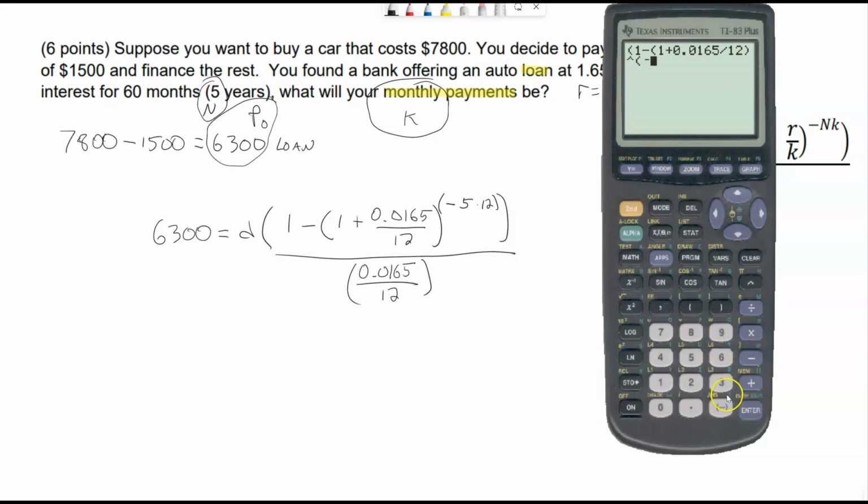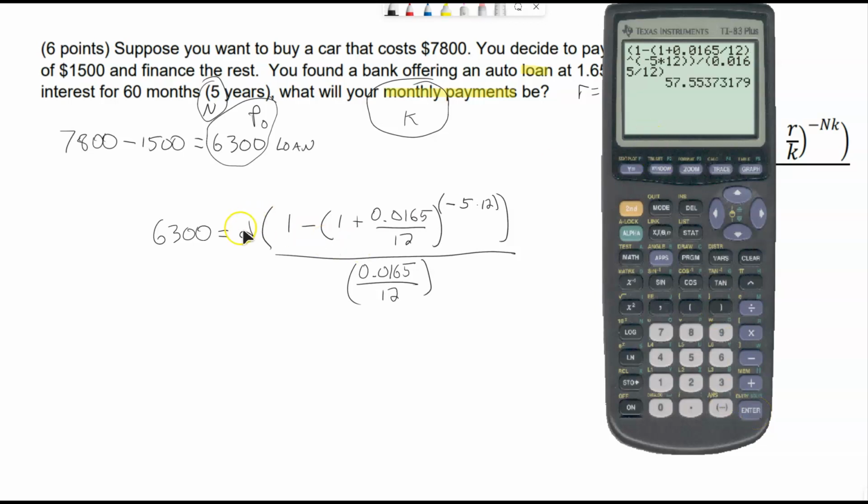This isn't an action. We're just making like an adjective, a negative 5 times 12. Right parenthesis, and then another right parenthesis, divided by bottom, left parenthesis, 0.0165 divided by 12, right parenthesis. That's a lot of work for this right side, but as long as you're careful, you work this out.